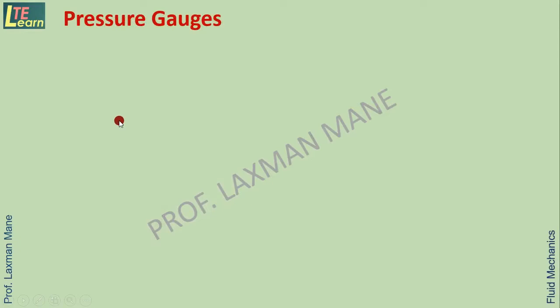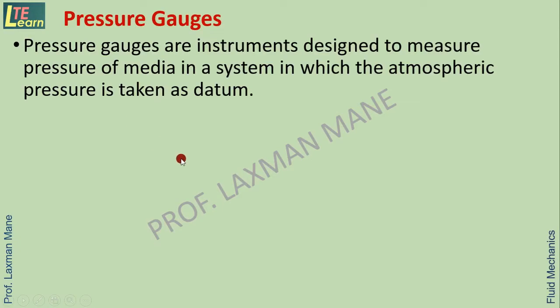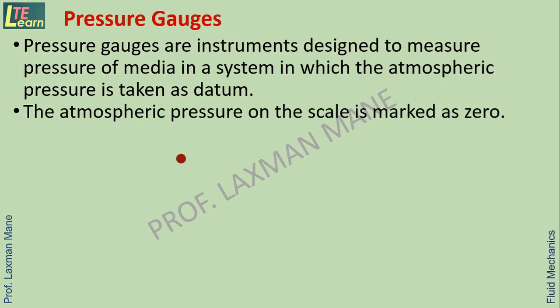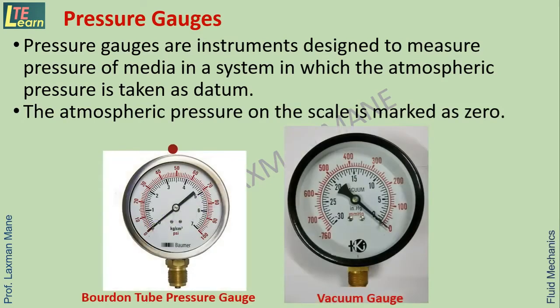Pressure gauges, these are mechanical gauges. These are the instruments designed to measure pressure of a system in which the atmospheric pressure is taken as a datum, meaning atmospheric pressure on the scale is marked as 0. It does not mean atmospheric pressure is 0.